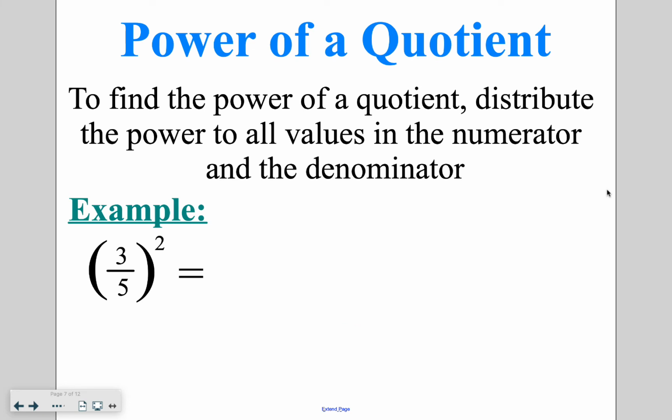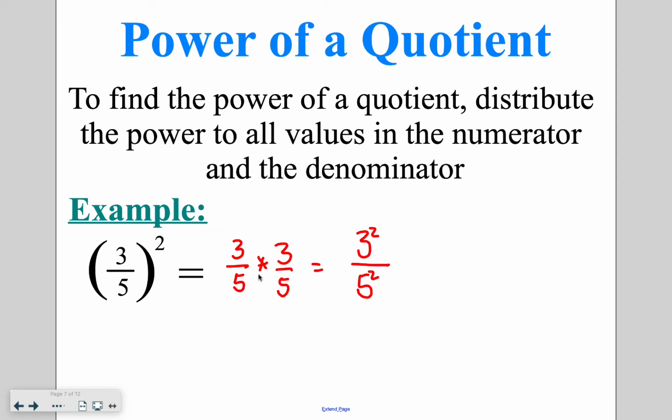The next rule is going to be the power of a quotient. So to find the power of a quotient, distribute the power to all possible values in the numerator and the denominator. So this is, again, our distributive property rule for exponents. This exponent now just needs to go to all pieces. So in this case, I would distribute it up to the 3. So I would have 3 to the 5th times 3 to the 5th, which is essentially 3 squared over 5 squared.